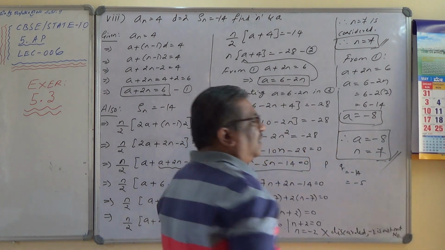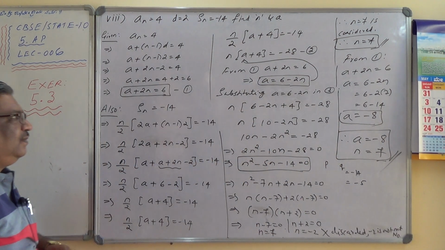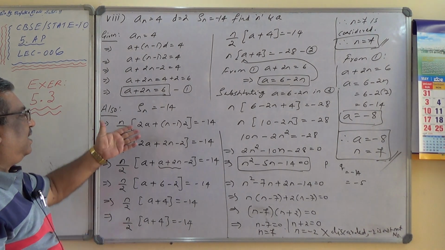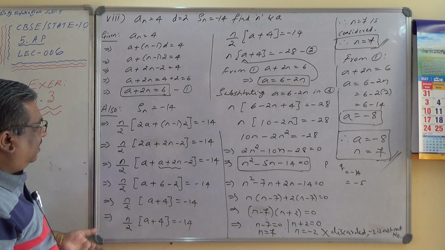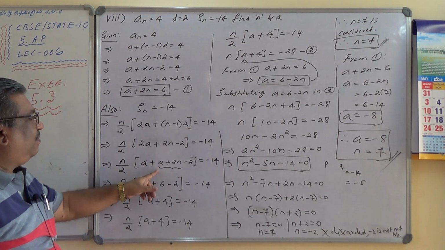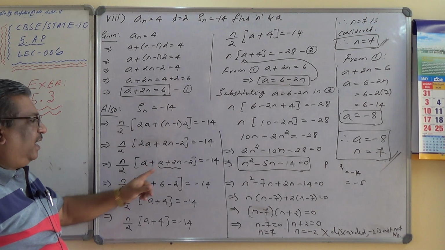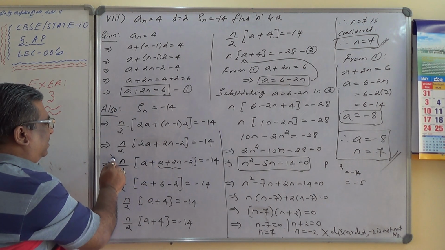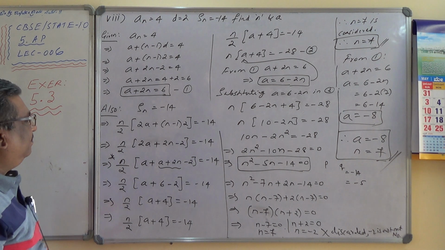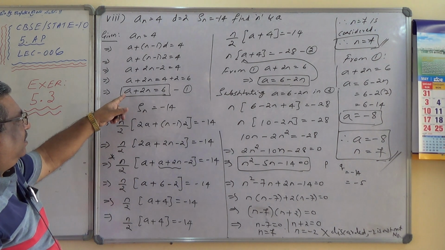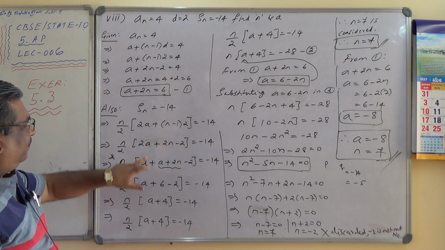Check it. Here we thought we were making a mistake, but it is correct. One critical point here is we substituted the value of a plus 2n equal to 6. Actually this is quite a critical step. If you take 2 common, then it is not possible to do it that way.